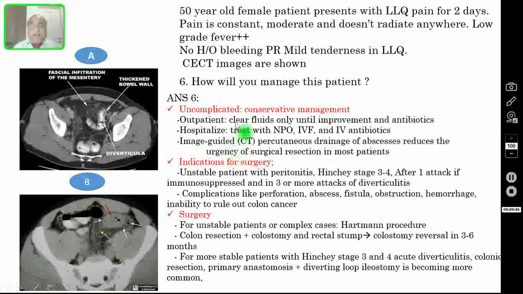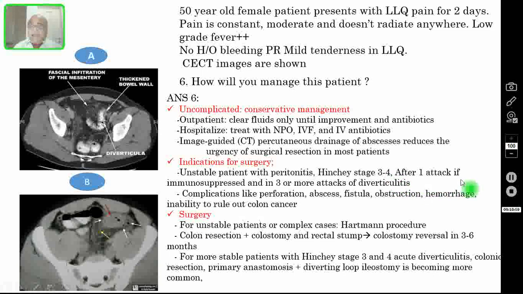Image guided, that is CT guided percutaneous drainage of abscess, reduces the urgency of surgical resection in most of these patients. So when do we have to do surgery, or what are the indications for surgery? Unstable patient with peritonitis, the Hinchey stage 3 and 4.